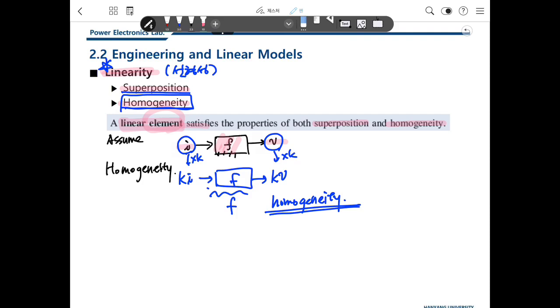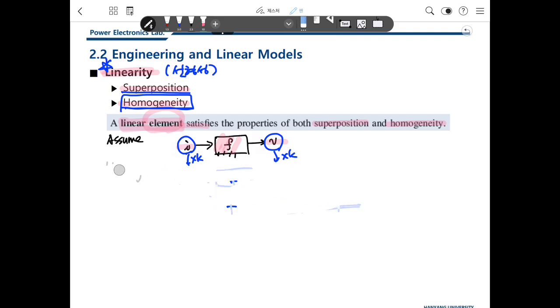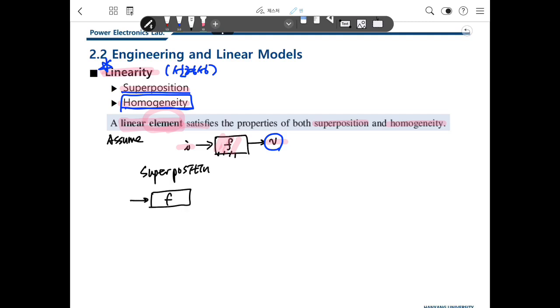Superposition: this is F, this is I, and V. If I1 gives V1 and I2 gives V2, then I1 plus I2 makes V1 plus V2. That is a superposition.